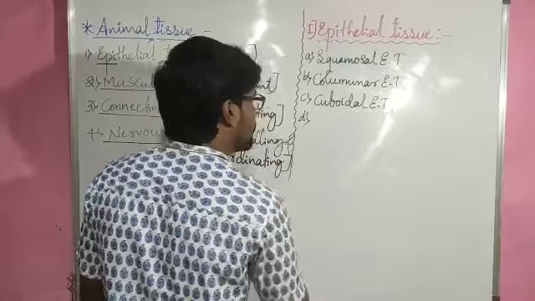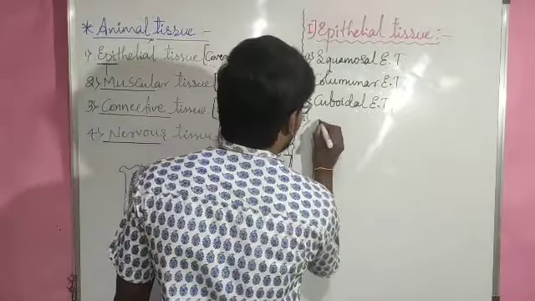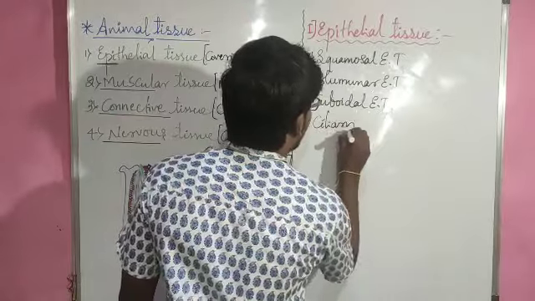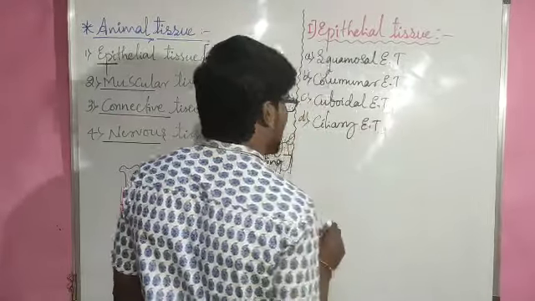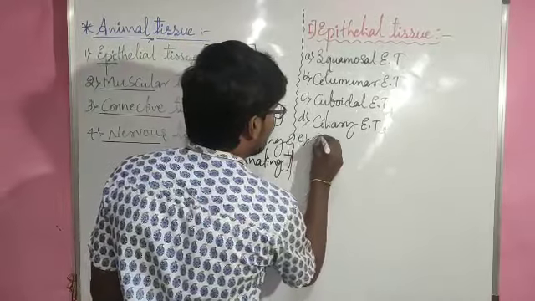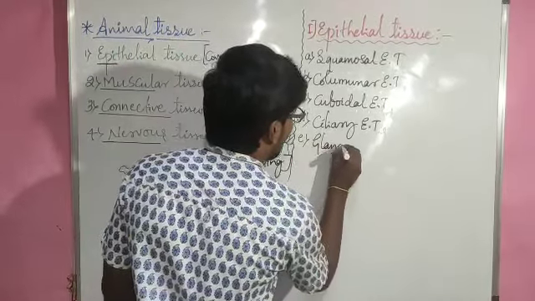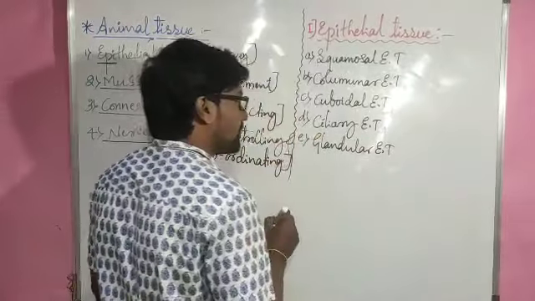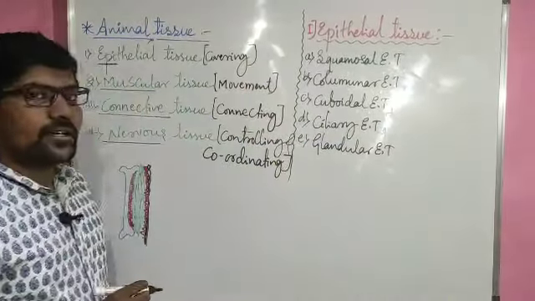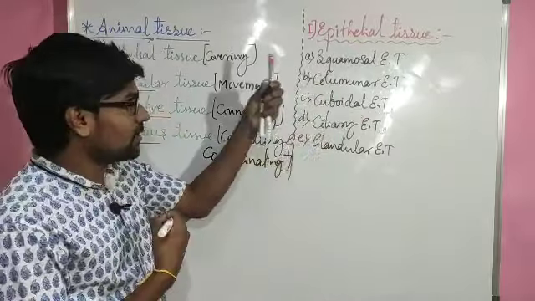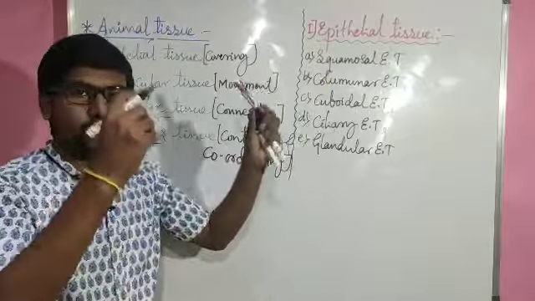And the fourth one is ciliary epithelial tissue, and the next one is glandular epithelial tissue. So on the basis of the types, that means shapes, we can separate the epithelial tissue into so many types here.